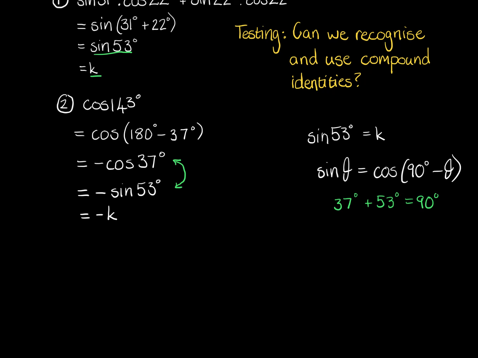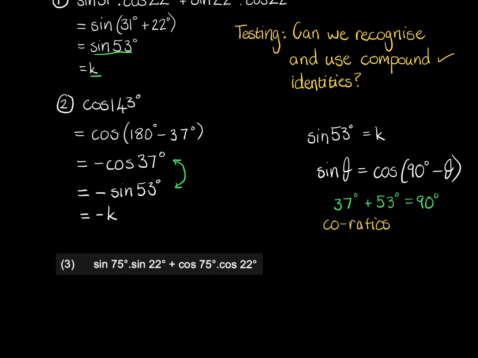In terms of what this particular question is testing, it is actually testing can we change between co-ratios. So far we have tested compound angles, and now we're looking at co-ratios, and let's look at what the last question asks. And I've been sneaky and I've just copied and pasted the question over here.